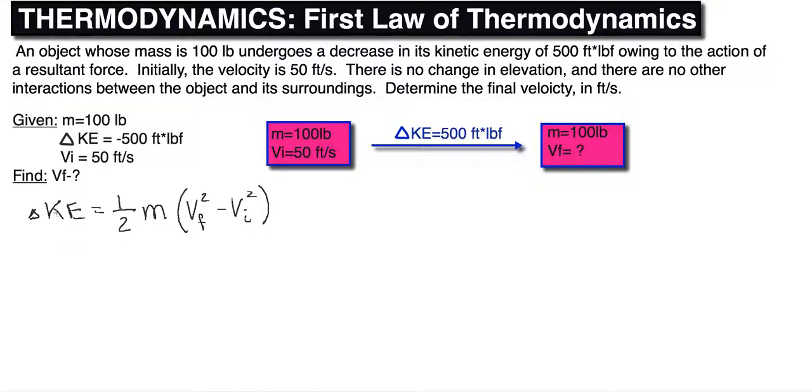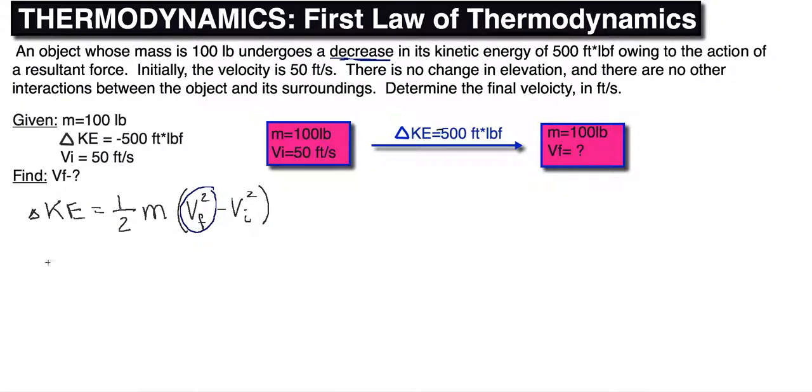So we can start. Delta KE is going to be negative because it's a decrease, as it says here, a decrease and not an increase in velocity. So basically, the object is slowing down. And we need to find the final velocity, Vf.